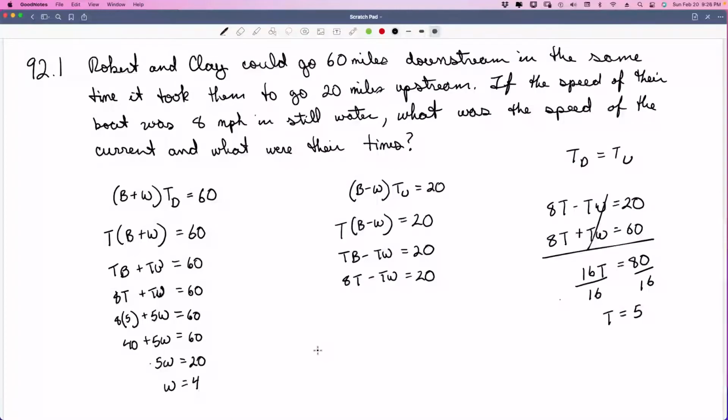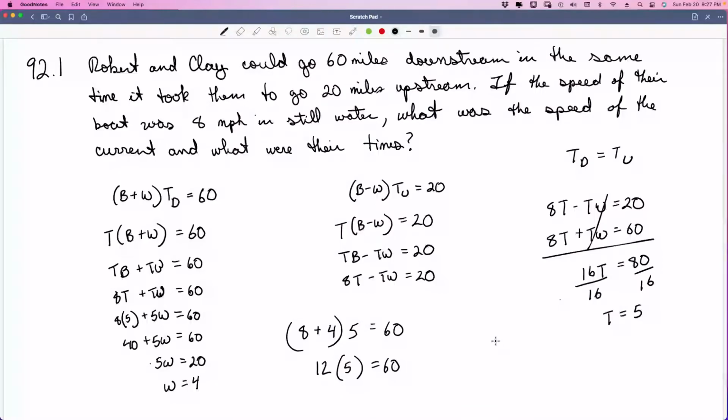All right, so now we can use that to solve for their times. So the upstream time is the boat plus the water. So the boat is 8, the water is 4, and the time is 5. All right, so the rate for the downstream is going to be 12 times 5, and that is indeed 60.